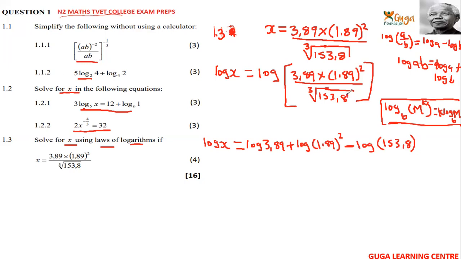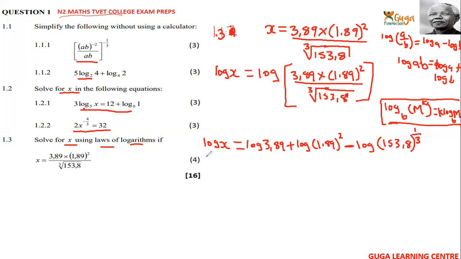Here we use the Madiba rule. Madiba was in prison inside the square root, so after the prison he was the president, so it will be 1/3, right?